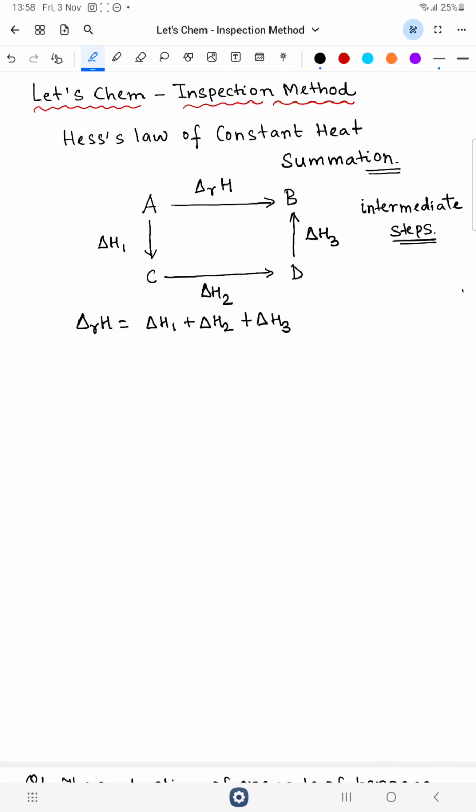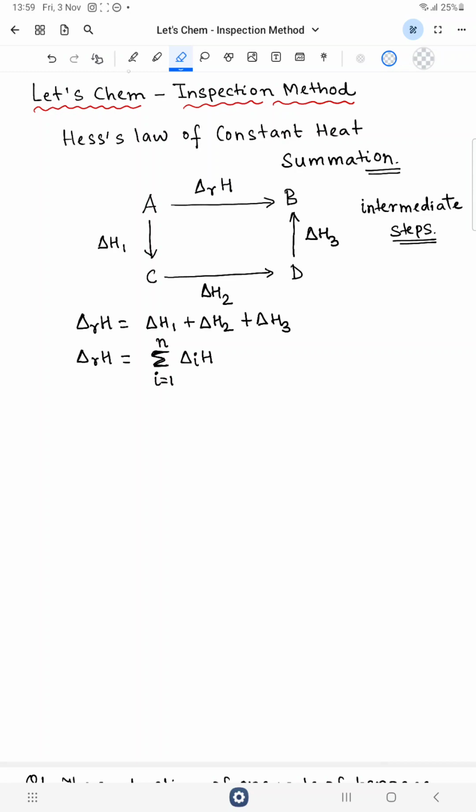So mathematically, this equation we can also write as delta RH equals the summation of i equals 1 to n of delta iH, where i can run from 1 to n.